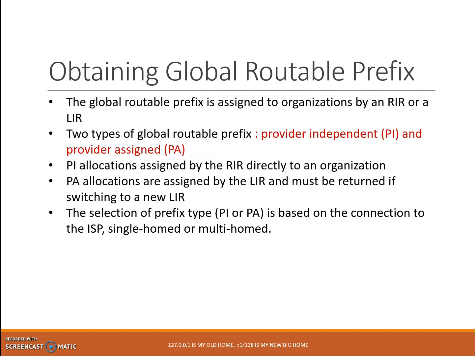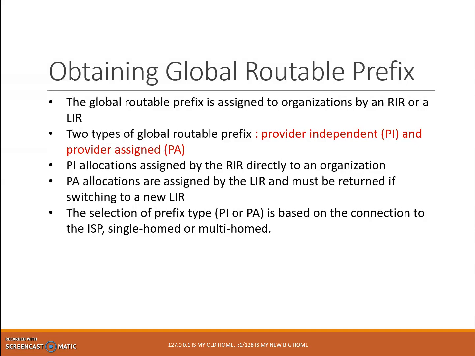PI allocations are portable, meaning they can be announced and routed via any ISP. They are assigned by the RIR directly to an organization.